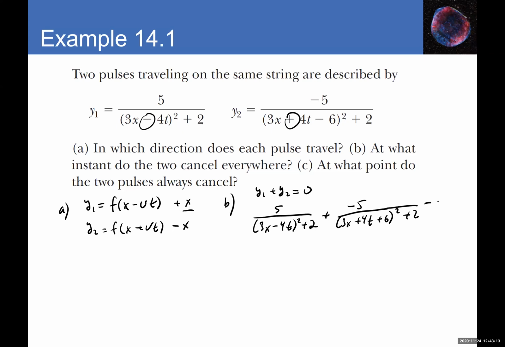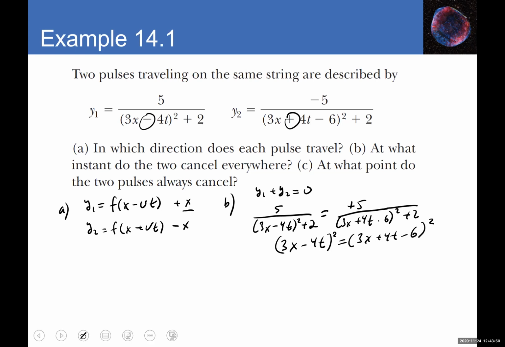If I add them and set it equal to 0, then I can say this is equal to the negative of that, so this becomes a plus. Then I can cancel the fives, cross multiply, cancel the 2's, and what I get is (3x minus 4t) squared equals (3x plus 4t minus 6) squared.